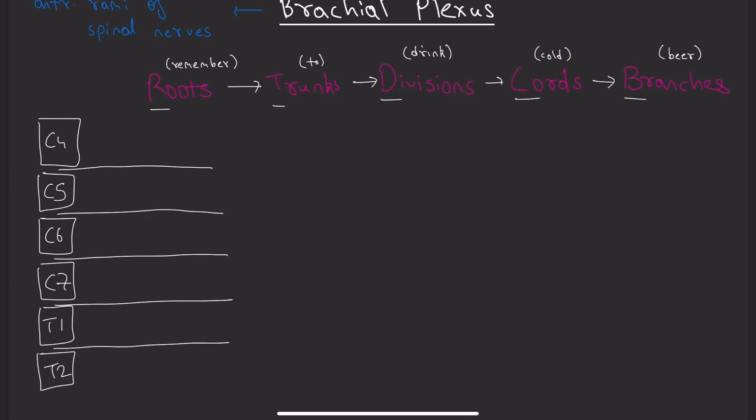In case of the cervical spinal nerves, the name of the spinal nerve depends on the vertebra which is present under the nerve. So the name of this cervical spinal nerve would be C5. Similarly, this one would be named as C6 because the C6 vertebra is present under it. Same way, this one will be called as C7.